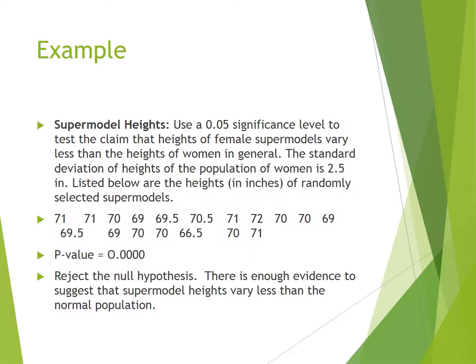When you enter the values from a column this time, you're going to get that the p-value is 0, which means we reject the null hypothesis. There is enough evidence to suggest that supermodel heights vary less than the normal population. Remember, if the alternative is less, you need to change the alternative on the options page to less than, which makes this a left tail test.